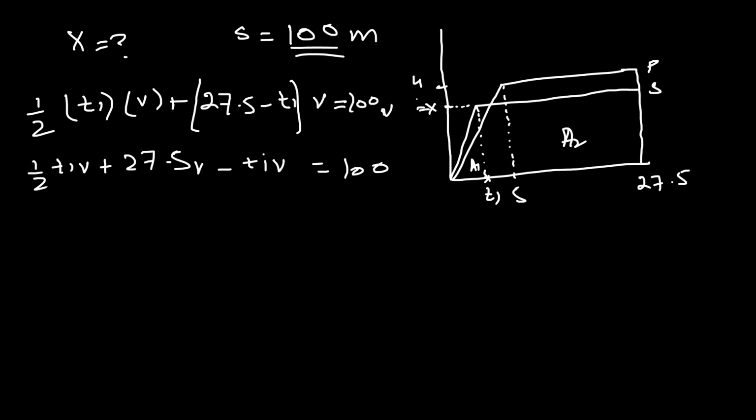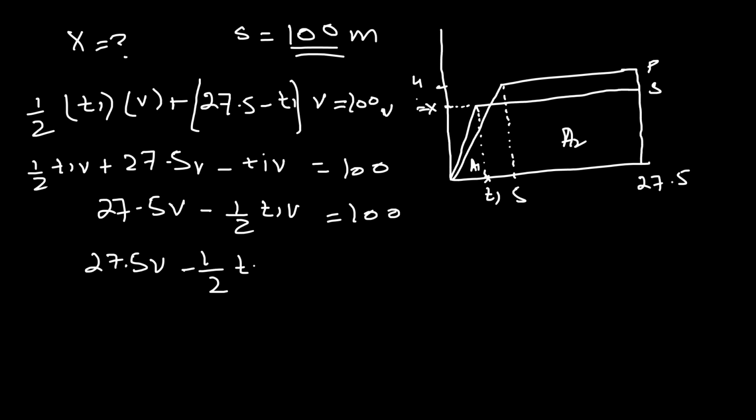Okay, so it will be 27.5 V minus 1 by 2 T1 V is equal to 100, so 27.5 V minus 1 by 2 T1 V minus 100 is equal to 0.